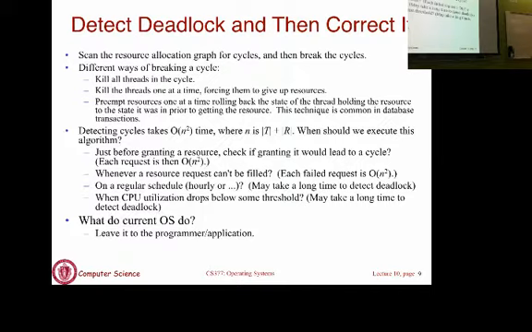Now, as far as real operating systems go, they don't worry about deadlocks. This is all well and good, but it is so expensive to do that the OS says, not my problem. You wrote bad code and you caused a deadlock, you figure it out and you restart your system or do whatever else you need to do, kill your application. So it's left to the application programmer either to implement this or just say something is wrong, I'm going to restart the system or some such thing.